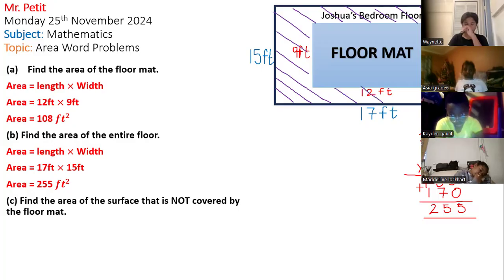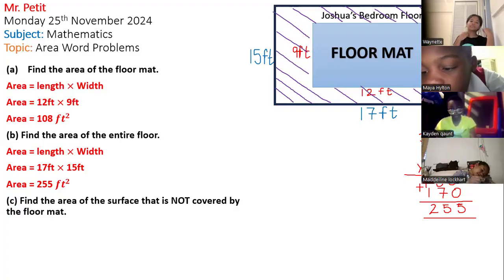So how can we find the area of the shaded region, this part that is in purple, that is not covered by the floor mat? What do you think we're going to do? Length times width. But remember, this is not a rectangle. We just want the outside of it.